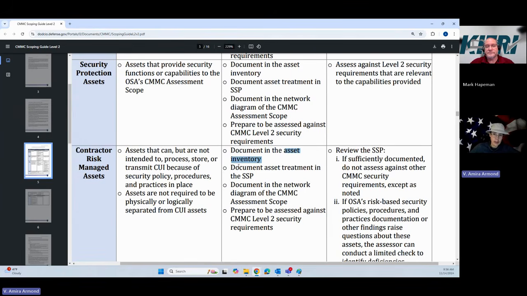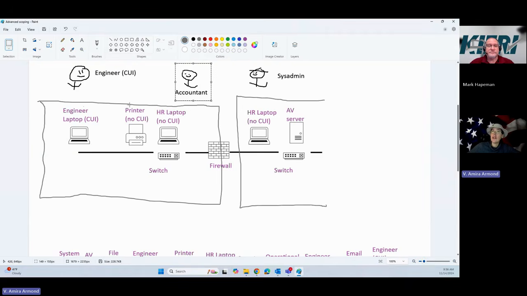What devices are on the same network as CUI? And this can get very detailed, right? You could point out that this printer, even if it's not supposed to have CUI on it, just because it's on the network, needs to be in the inventory. Or any other devices in the network. So this still does require pretty active asset inventory and asset control.